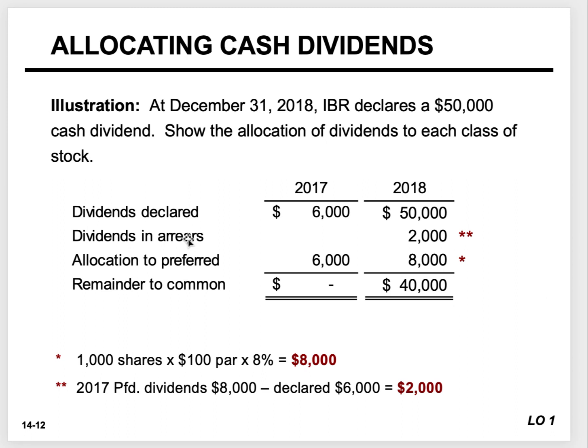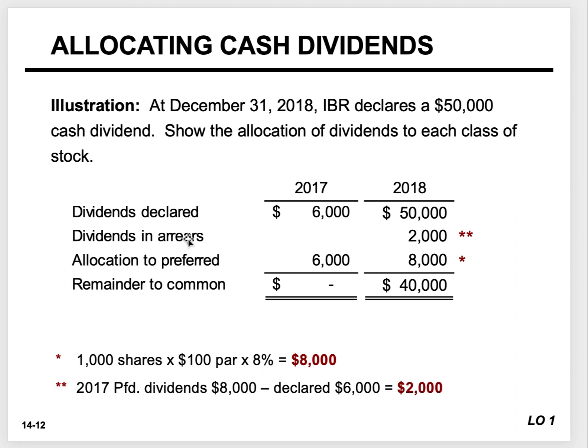At December 31st, 2018, IBR declares a $50,000 cash dividend. We need to show the allocation of the dividend to each class of stock. Not a problem, okay? So in 2017, the dividends declared were $6,000.